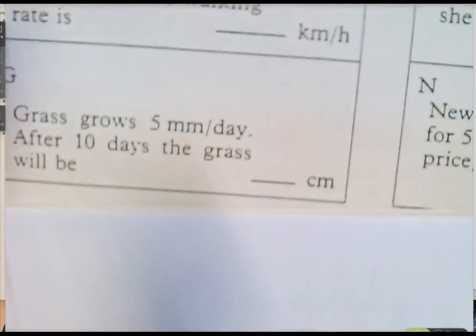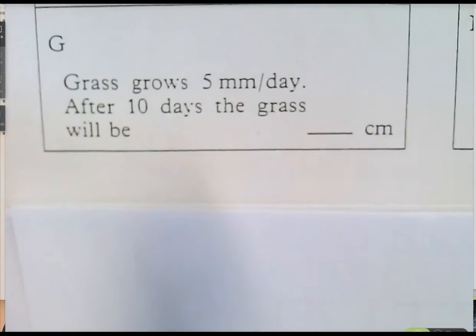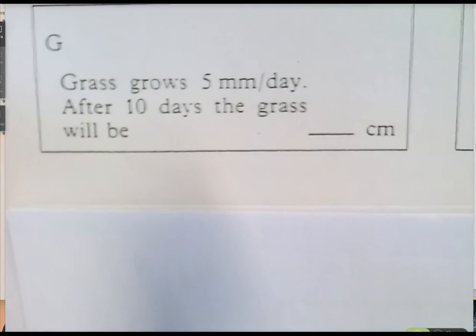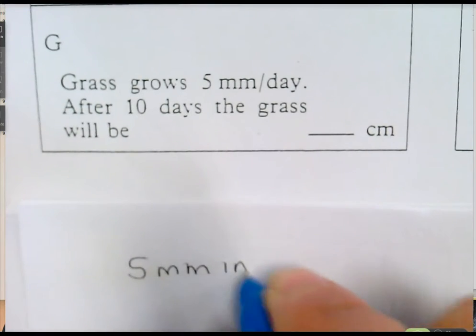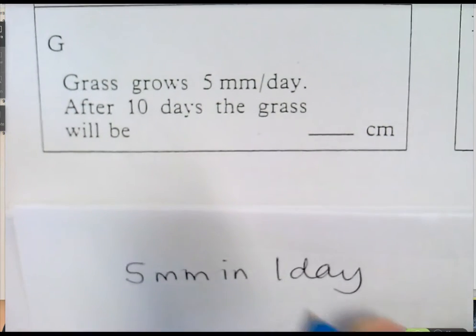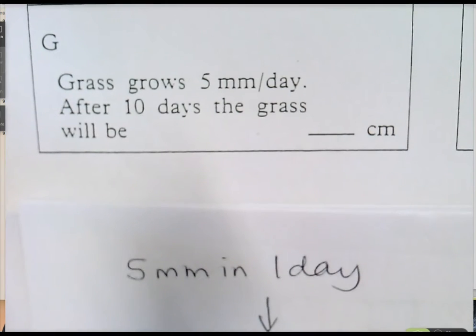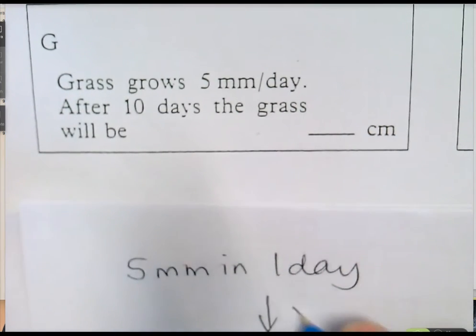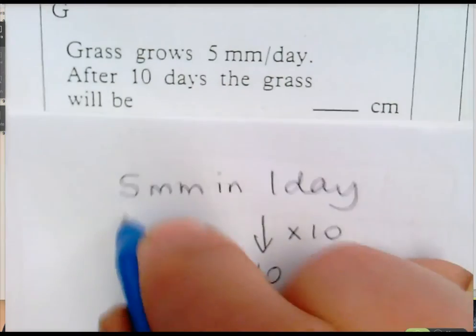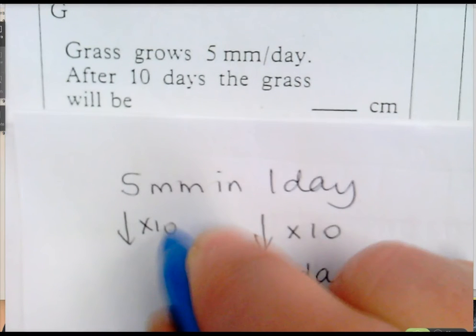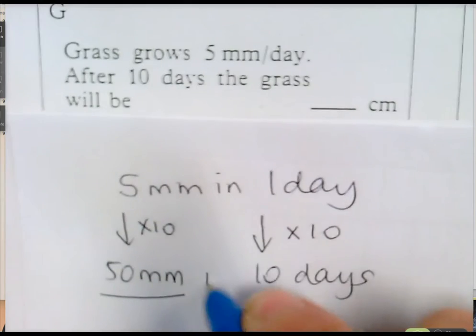After 10 days, the grass will be, so we've got 5 millimetres in 1 day. We want to know in 10 days. So we go times 10. How do we go from 1 day to 10 days? Times 10. 50 millimetres in 10 days.